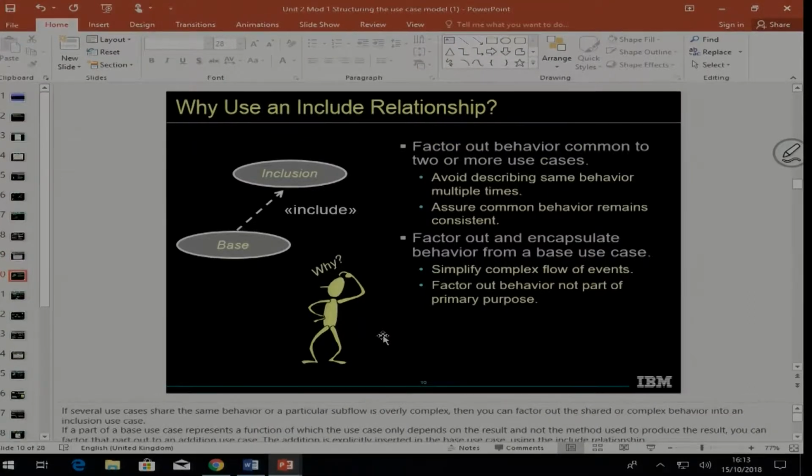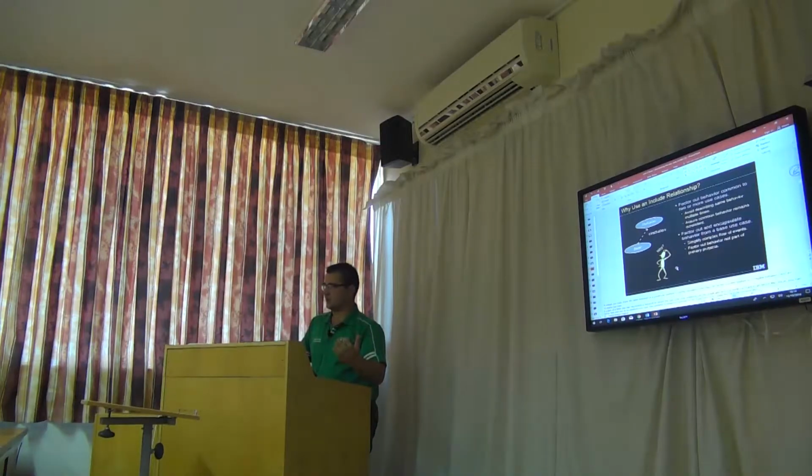Okay, so there's a bit more information about why we factor this out, and why we use an include use case. It tells us that we can factor out behavior common to two or more use cases, thereby avoiding describing the same behavior multiple times. It's almost like avoiding writing this section of program multiple times.